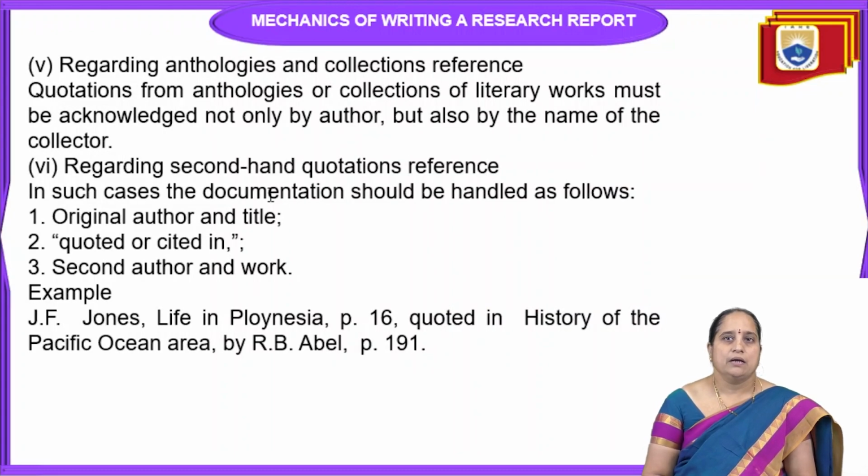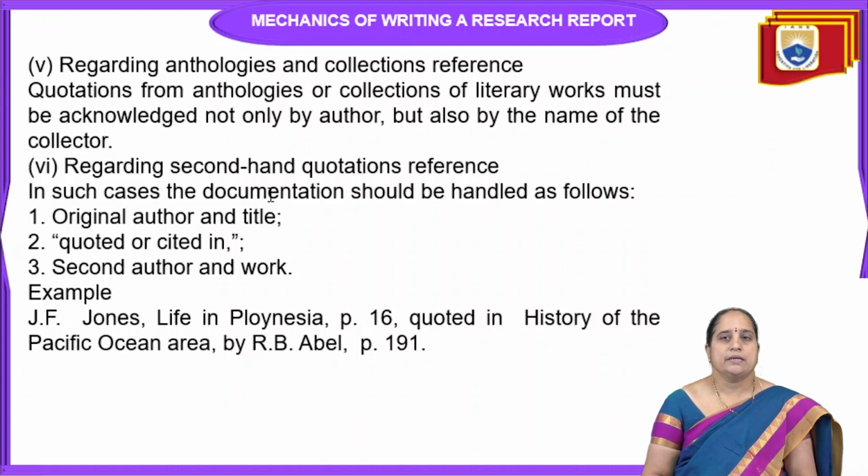Then regarding anthologies and collections, quotations from anthologies or collections of literary works must be acknowledged not only by author but also by the name of the collector. For example, if you are going to collect a particular reference, then apart from the author's name, we need to specify our own name as the collector.